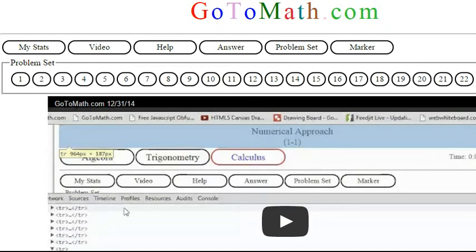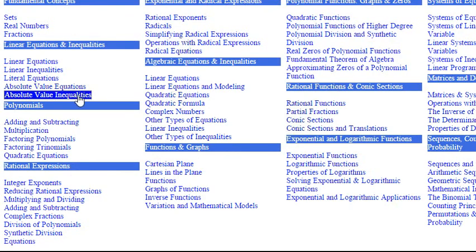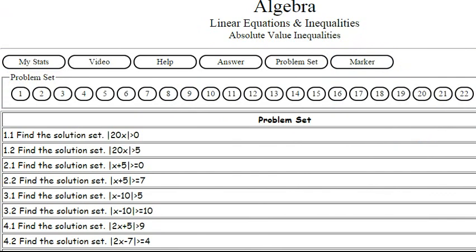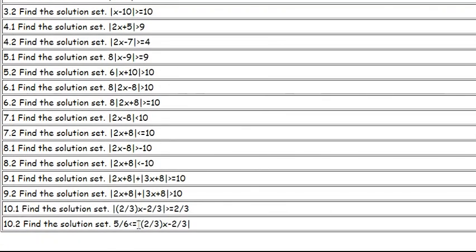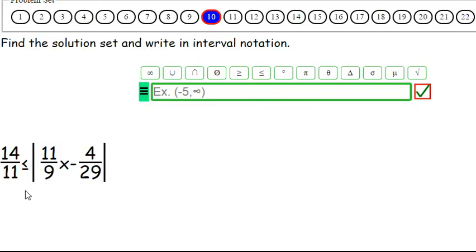Okay, we're over here, gotomath.com, click on the algebra, go down to absolute value inequalities, and I believe we're looking at the very last one. And what is that? Alright, let's write that down. So I just thought I'd throw this in here. 14.